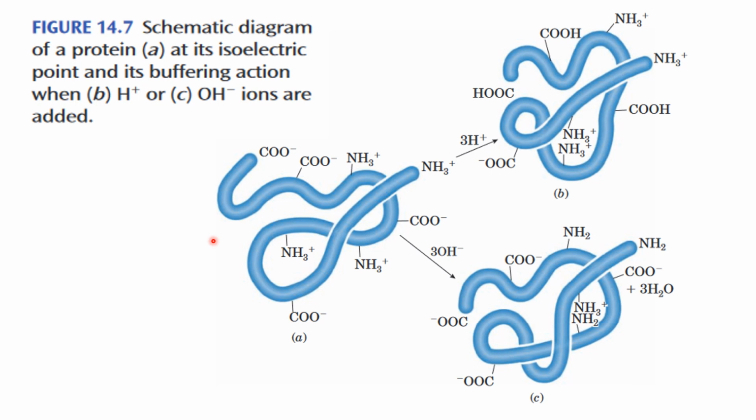Ibig sabihin, equal ang positive and negative charges. At acidic condition, mag-prevail yung positive charge. At basic condition, mag-prevail yung negative charge. Okay, so when the protein has a net charge, kunyari, may positive or may negative charge, it becomes soluble.